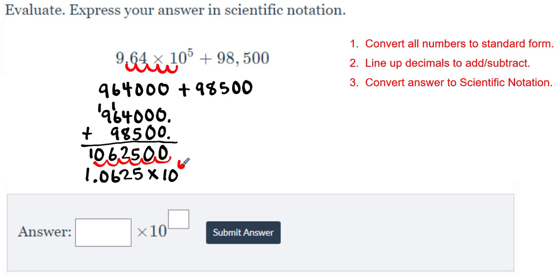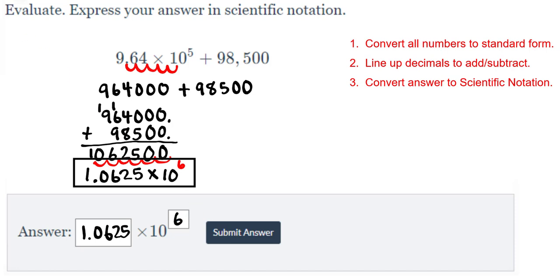And a positive 6 exponent is going to give us a really large number. Technically, that's 1,062,500. All right, and then I guess we'll box this, and this will be our final answer. So let's box that right there. And I guess I could transfer it over here. I'm going to put 1.0625 times 10 to the power of 6.